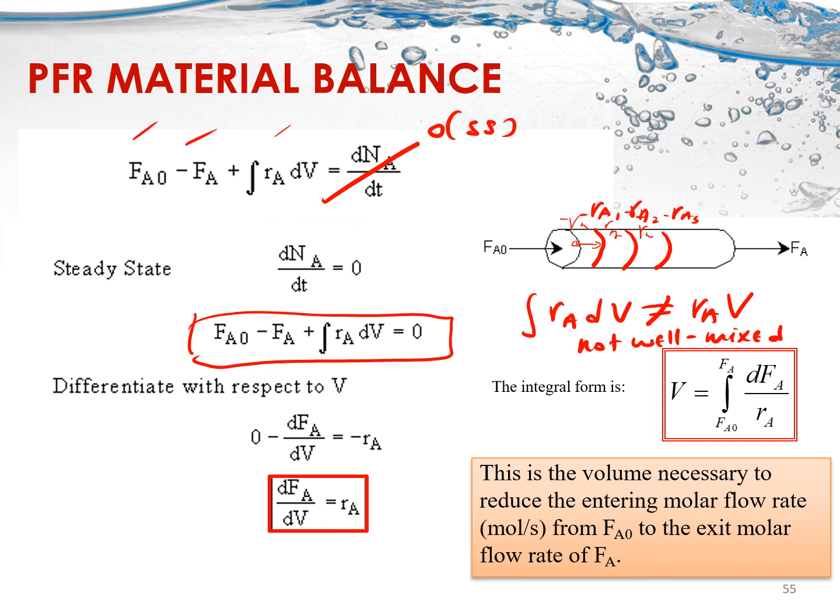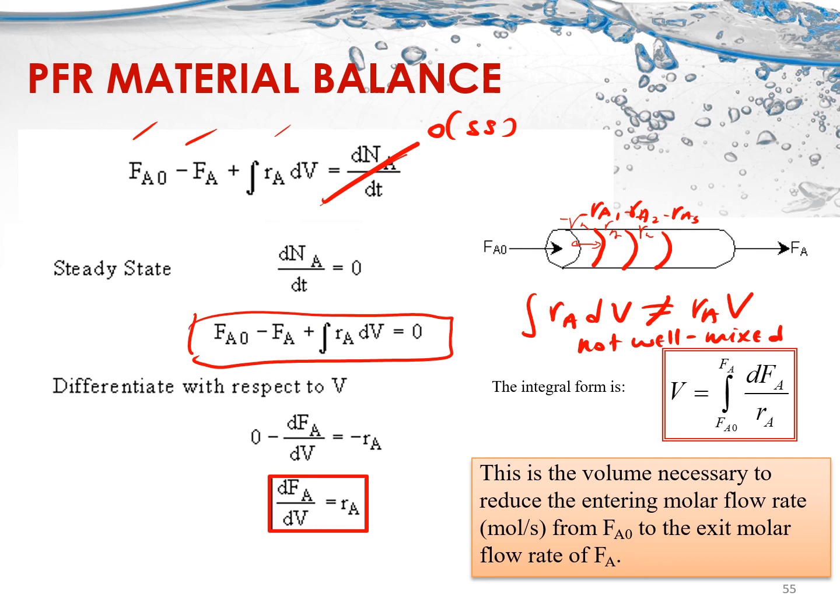So we have FA0 and FA here. This is considered steady state, because it is continuous mode. So you can cancel it to 0, and what is left is FA0 minus FA plus the integration of RA dV equals 0.